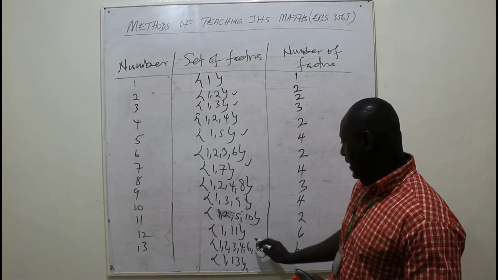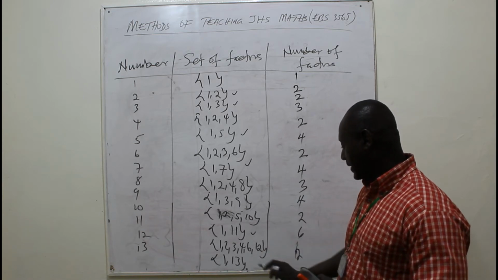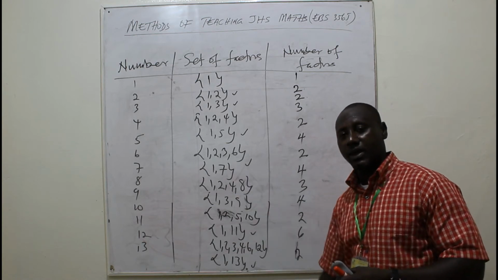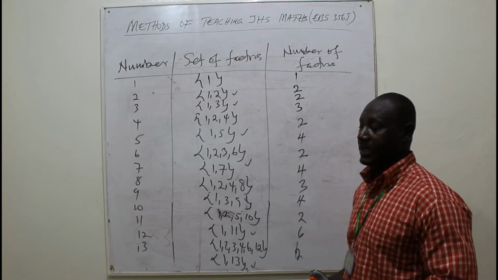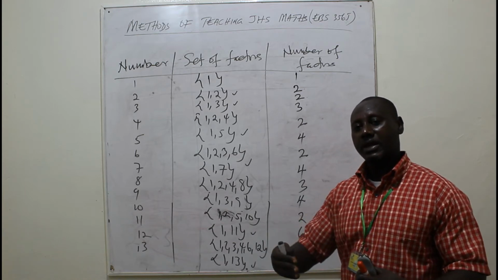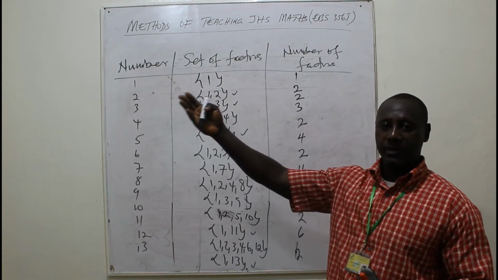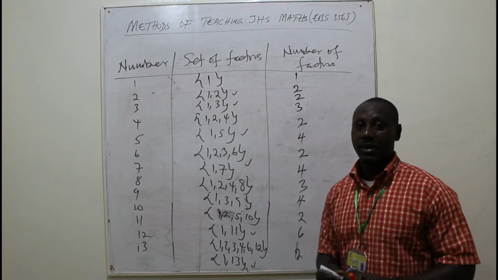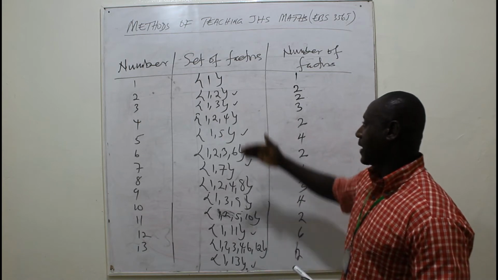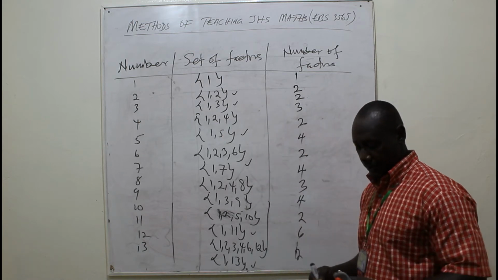And then 11 is a prime number. 13 is a prime number. So if you continue on from there, you can use this idea to tell them prime numbers maybe between 1 and 100. 1 is not a prime number. Remember, it has just one factor. But the prime numbers begin from here.